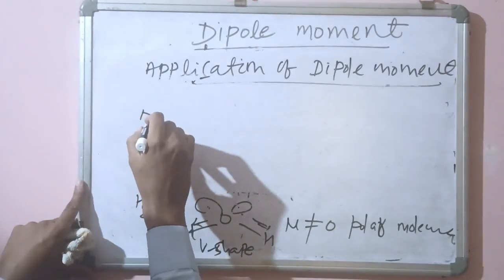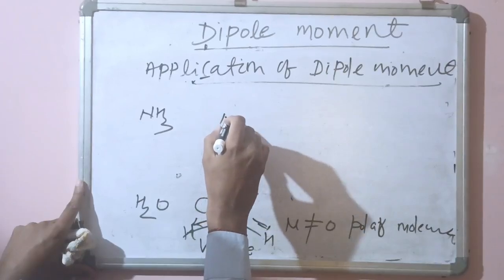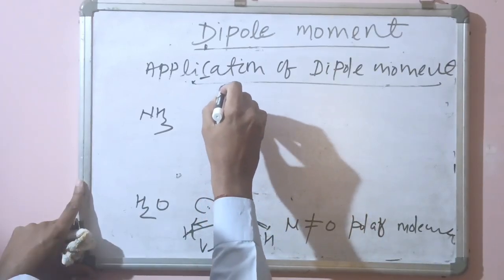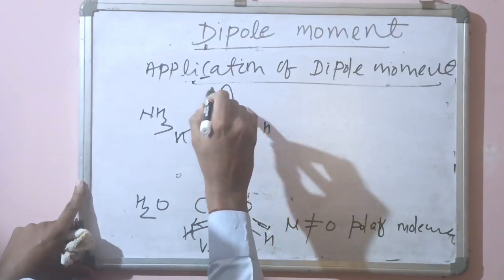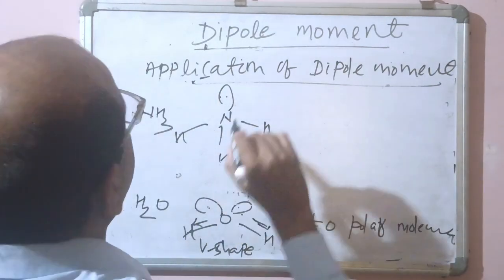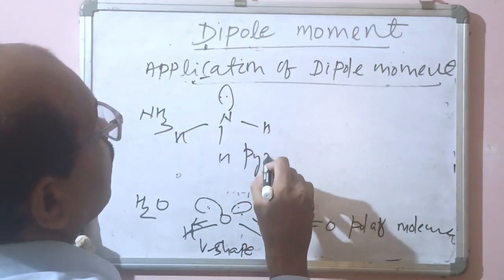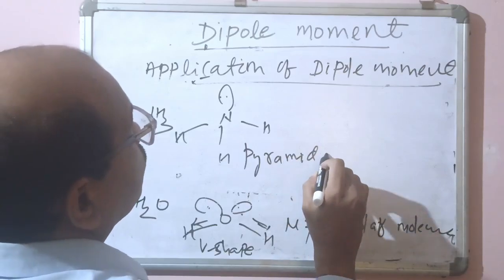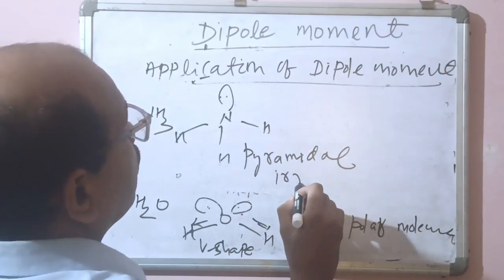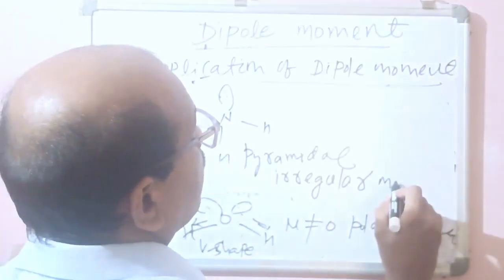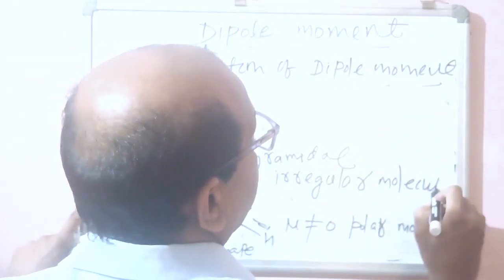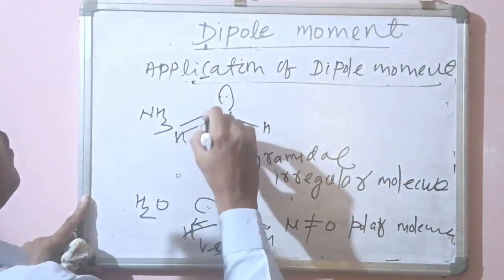Similarly, ammonia, NH3. If we write its shape according to VSEPR theory, there is a lone pair and 3 N-H bonds, and the shape is pyramidal. That is an irregular molecule according to VSEPR theory. So there are 3 bond dipoles.